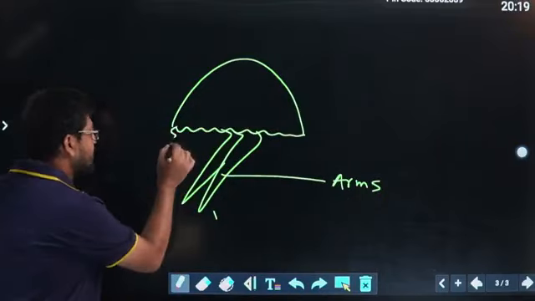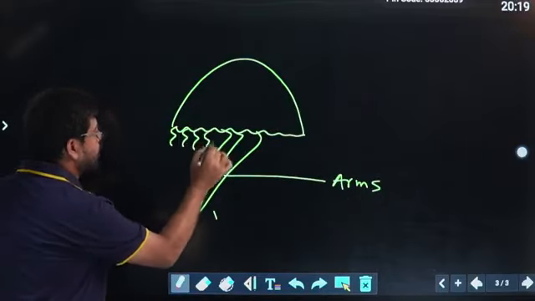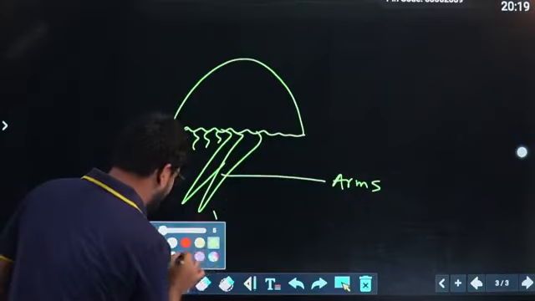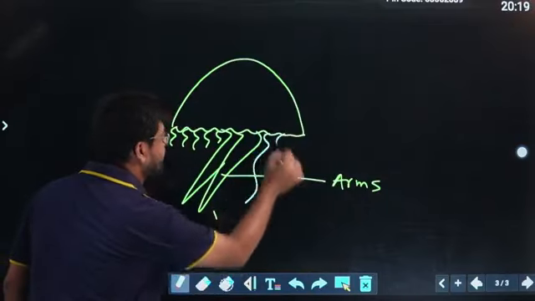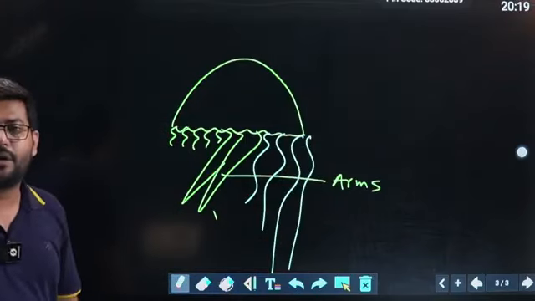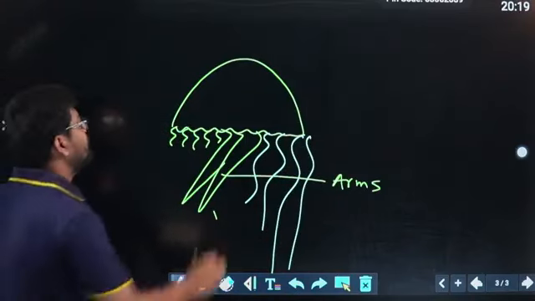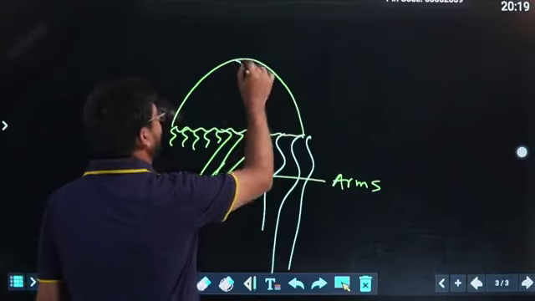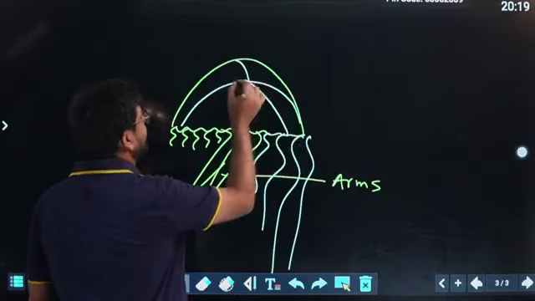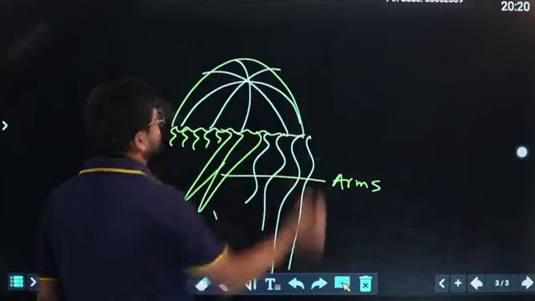In the case of jellyfish, there are some small tentacles, but many species of jellyfish are available that contain very long tentacles. Whatever the size is, all are symmetrical, and you can understand this symmetry from the structure.